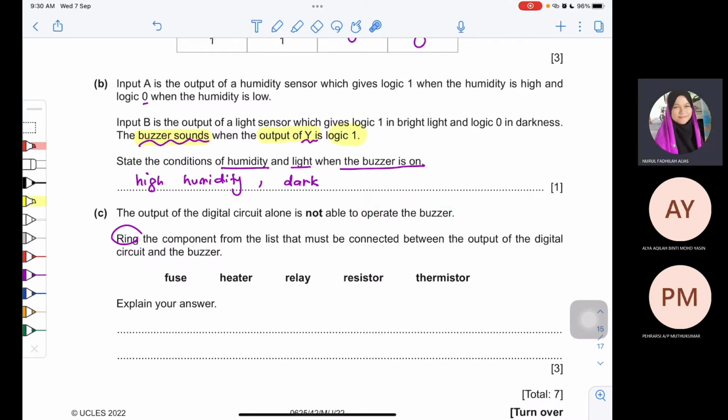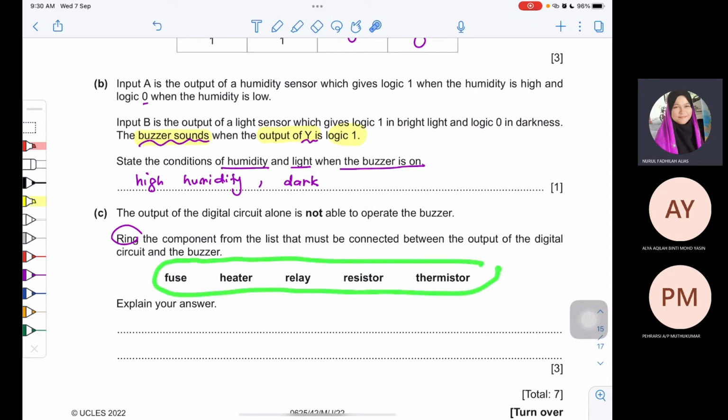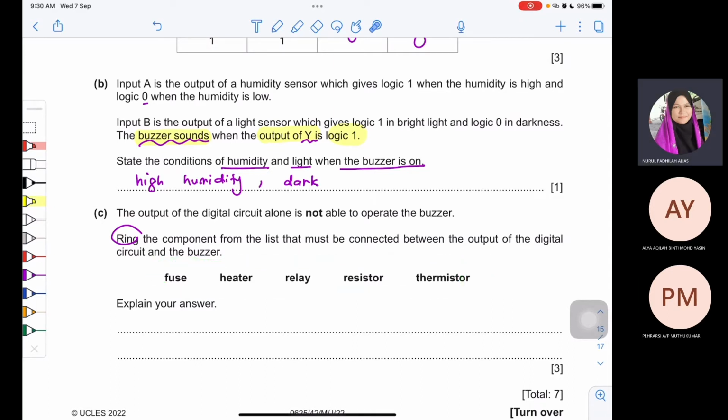Okay, what is thermistor? So nampak kat sini dia bagi adalah electronic components. So you need to know the function of each component. Okay. So what is thermistor? Thermistor is sensor for the heat. Okay, kita tulis kat sini lah. Ni heat sensor.